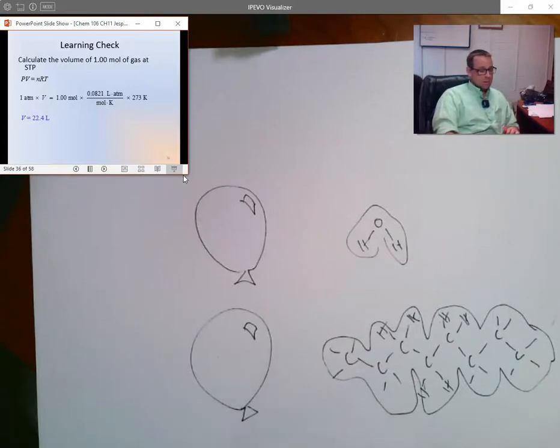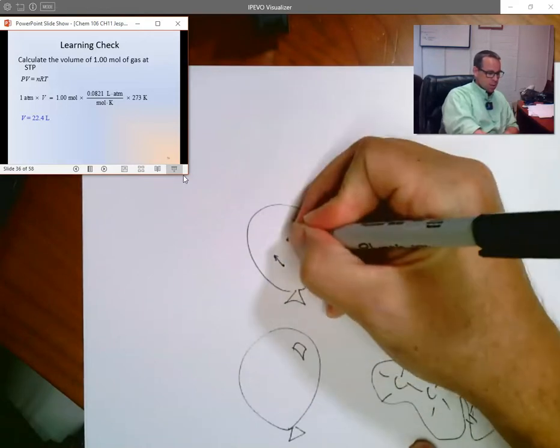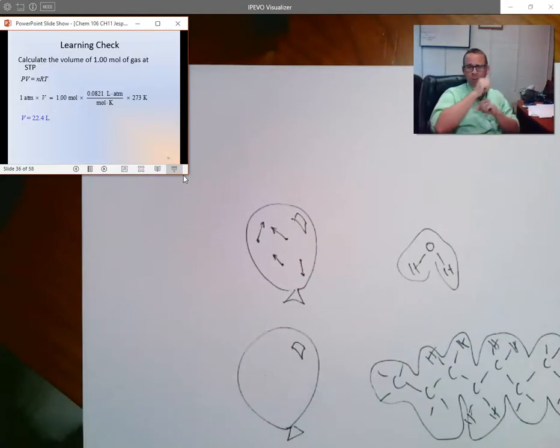And that's because these things are gaseous and zooming around and colliding with each other only relatively infrequently, right? They're moving around. They're not being held together and compacted together. So the space that they take up is only dependent on their temperature, right?